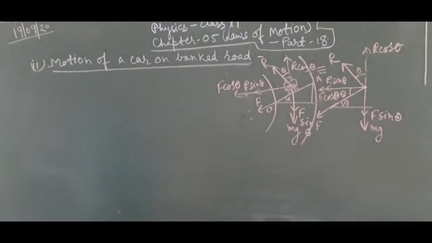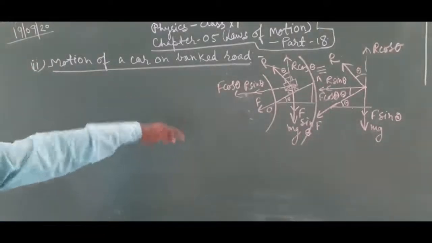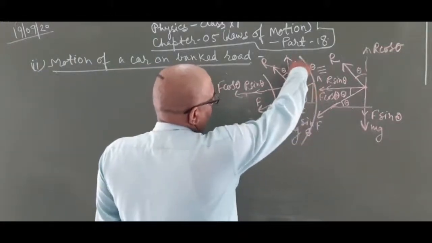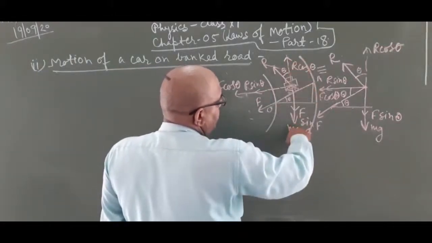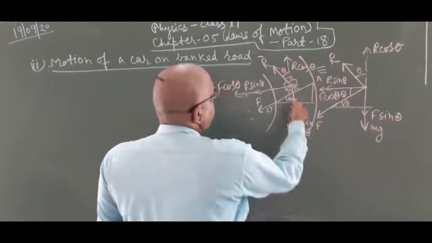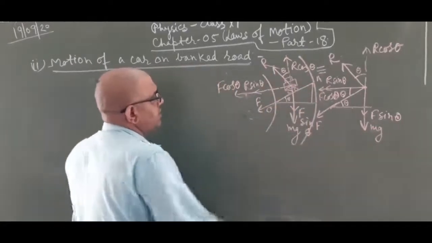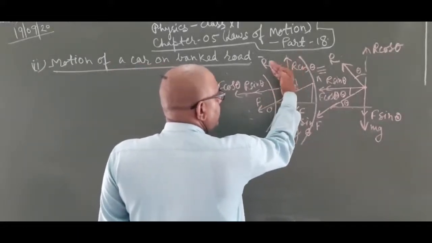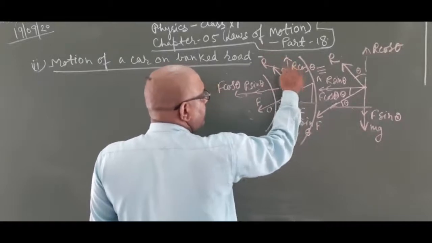Now I am describing it in a nutshell. A car is moving on the banked road, so its weight mg is acting in the downward direction, and the normal reaction in this direction. Since the road is elevated with angle theta, the normal reaction is shifted by angle theta.